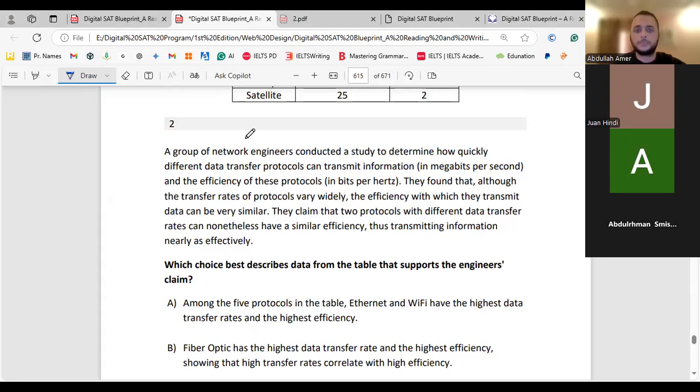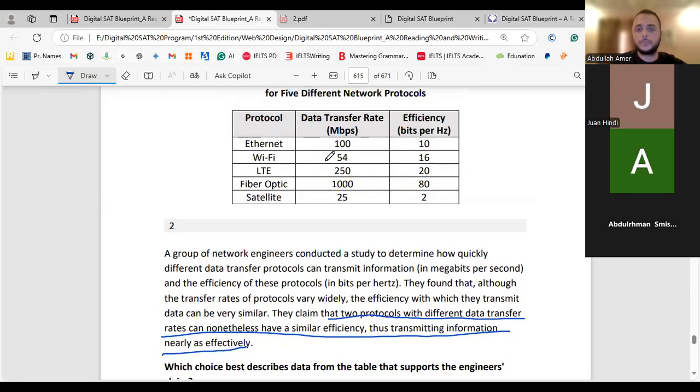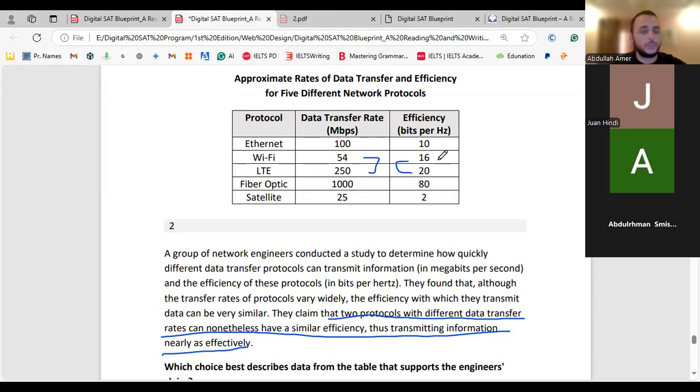Because to support the claim, different data transfer rates can nonetheless have similar efficiency, thus transmitting information nearly as effectively. Exactly. When you look at LTE and Wi-Fi, they have different transfer rates, but almost the same efficiency. And when we say almost the same, we don't have to have two identical numbers. Two numbers that are very close is enough.